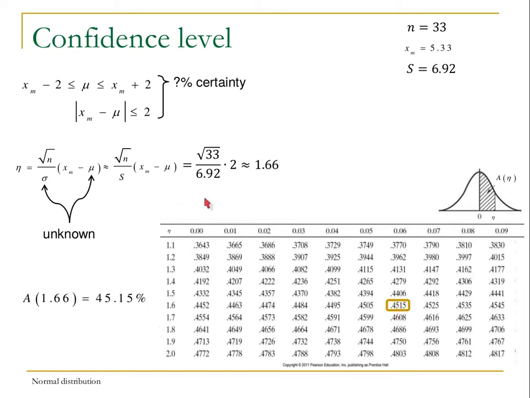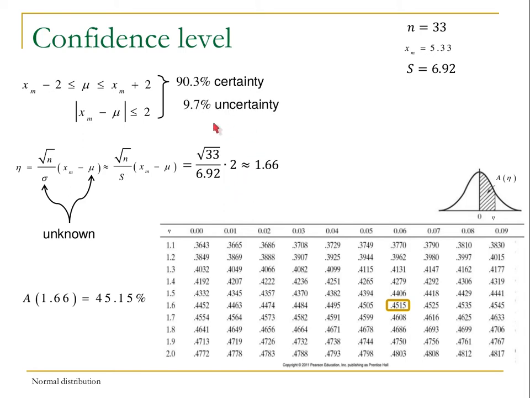So the probability that eta is between negative 1.66 and 1.66 is 90.3%. Again, we use the variable eta because that enables us to employ this integral table, but eta is related to our system through the sample size, sample standard deviation, and this delta that we have here.